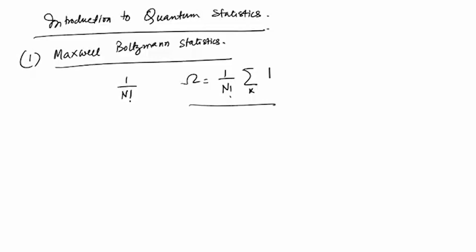For Maxwell-Boltzmann statistics, of course we know it is valid for distinguishable particles, but if you are talking about it in the same bracket as Fermi-Dirac and Bose-Einstein, let us just say that you treat them as distinguishable, yet you divide by this n factorial number in counting the number of microstates, just like what we have shown here. There is a crucial n factorial term required, which is called the Gibbs correction.